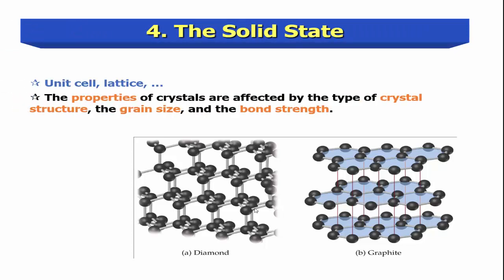So we have here the unit cell and the lattice, and the properties of crystals are affected by the type of crystal structure, the grain size, and the bond strength. We have here the diamond and the graphite.